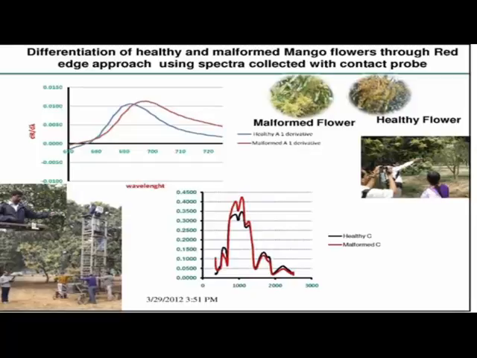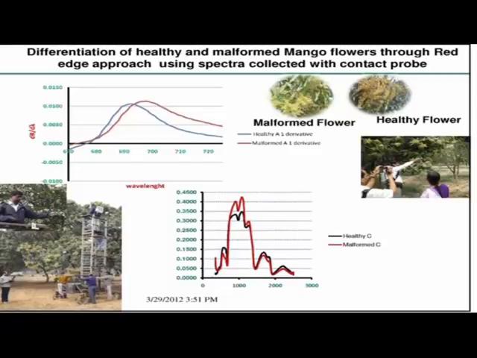So one study was conducted in the field itself in the mango orchards, taking the spectra at the height of the canopy and taking the spectra of malformed flower and healthy flower. And you can see here what happens in the case of the malformed flower is it remains more greenish and the biomass is heavy, whereas in the case of a healthy flower, the flower turns red or pinkish.